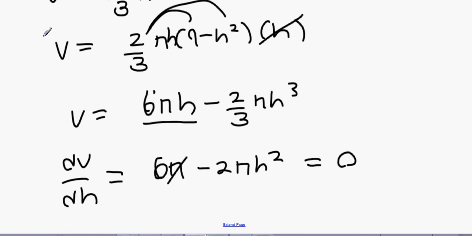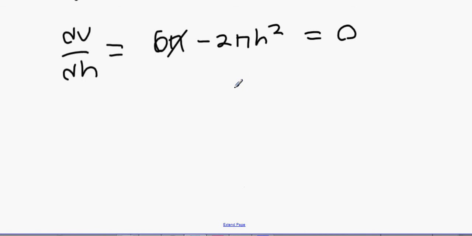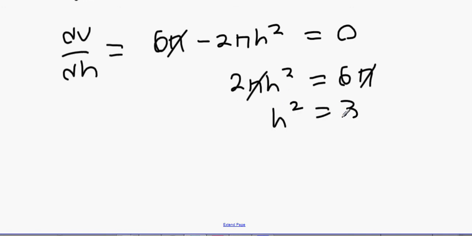So we'll just solve it now for a second. We're going to get 6 pi h squared equals 18 pi. Pi's will cancel. Divide by 6. h squared equals 3. h therefore equals root 3.